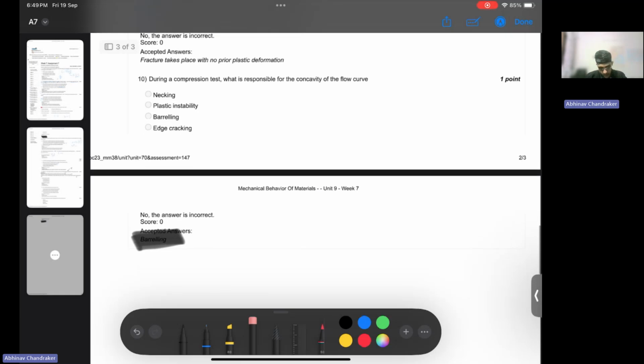During a compression test, what is responsible for the concavity of the flow curve?